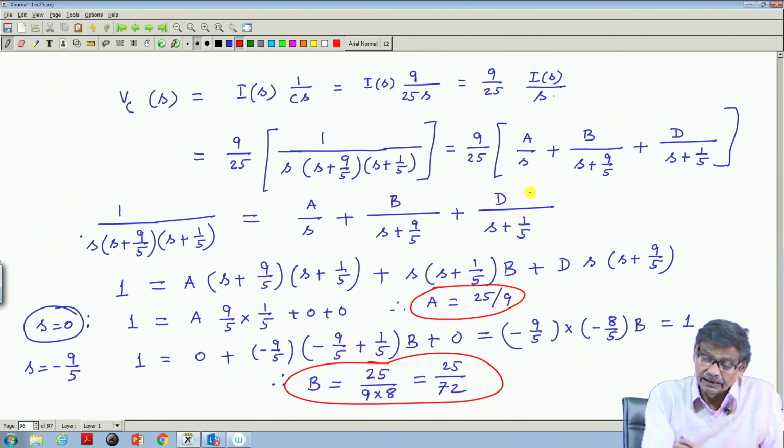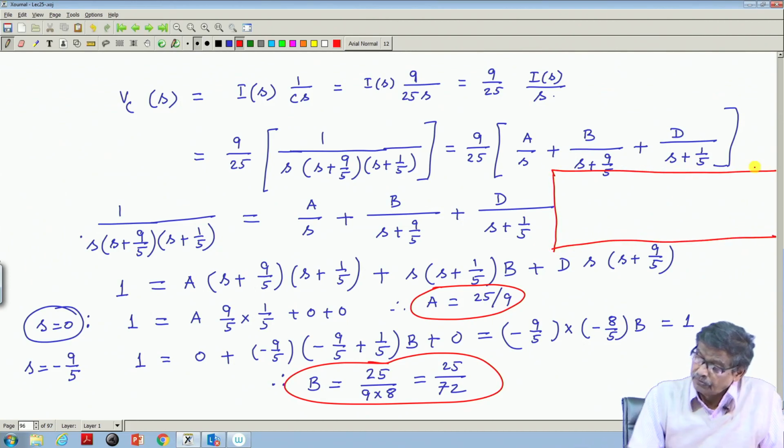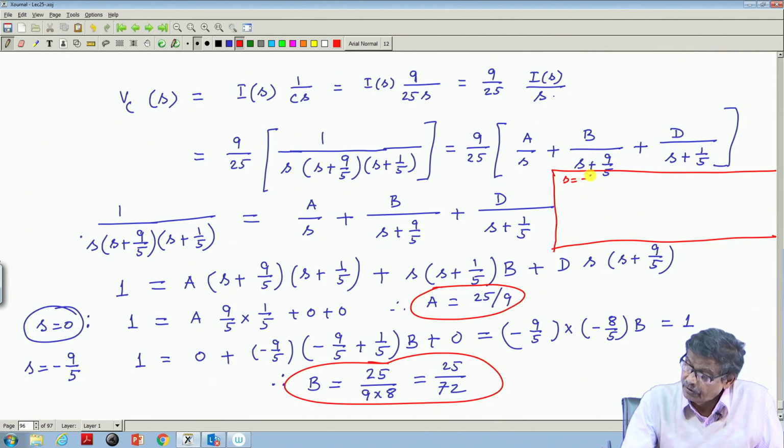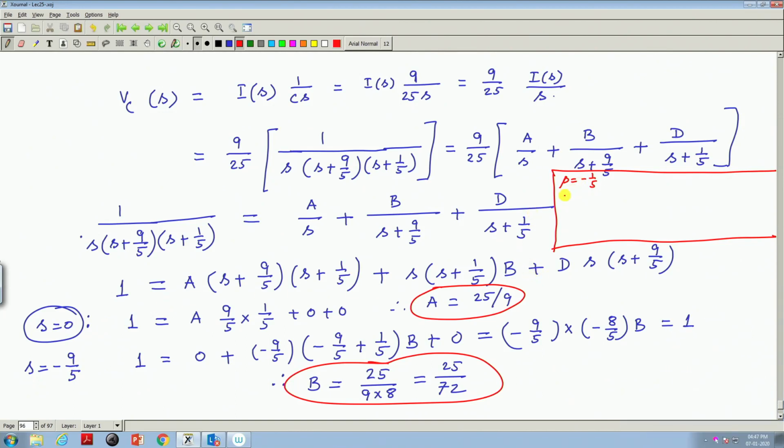Therefore, I am writing on this page only, let us use this space. So, put A is equal to minus 1 by 5 on both the sides in this equation. So, it will be once again 1 is equal to, this will be 0, this also will be 0, and this thing will remain.